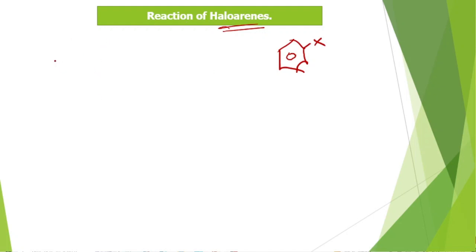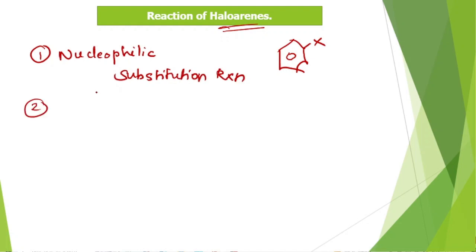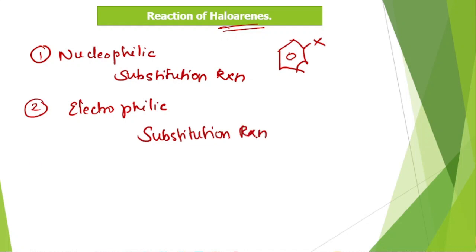Now for the reactions of haloarenes, there are three different reactions that we are going to study. The first one is the nucleophilic substitution reaction, the second one is the electrophilic substitution reaction, and the third one is the reaction with metals.